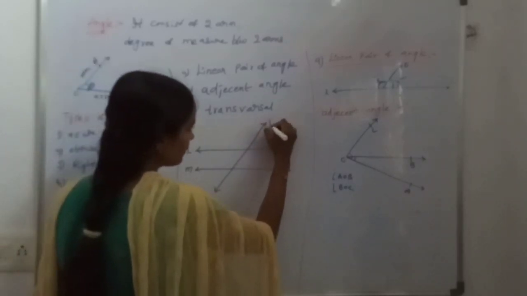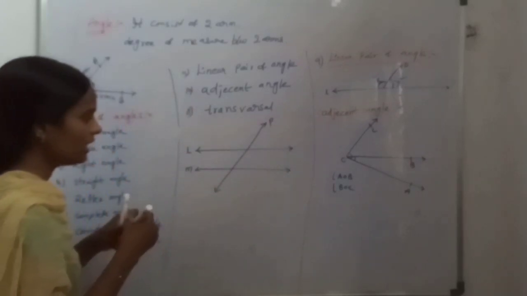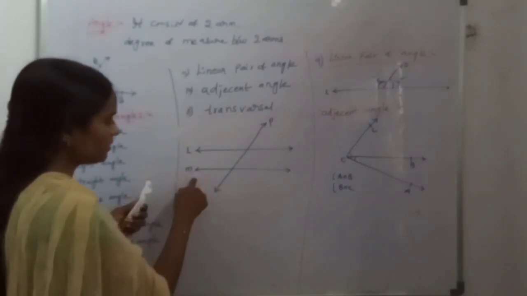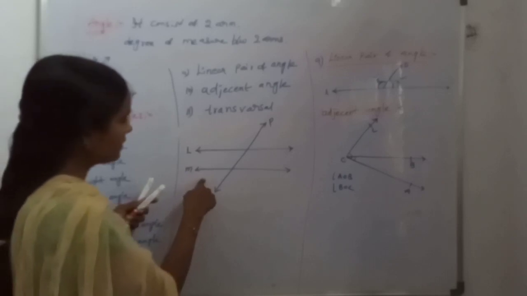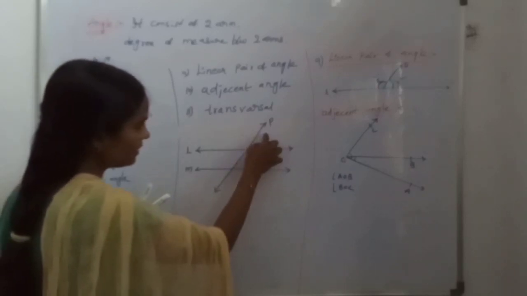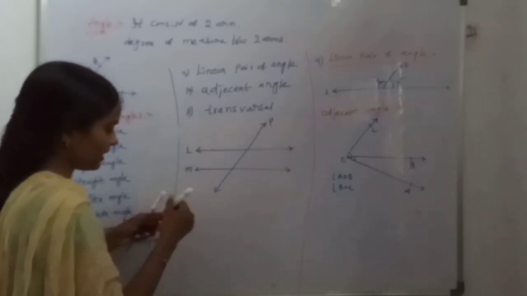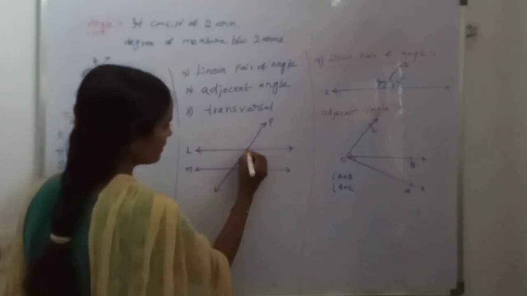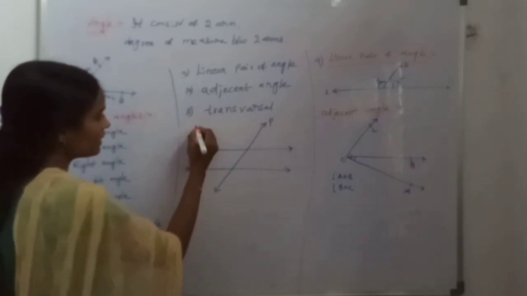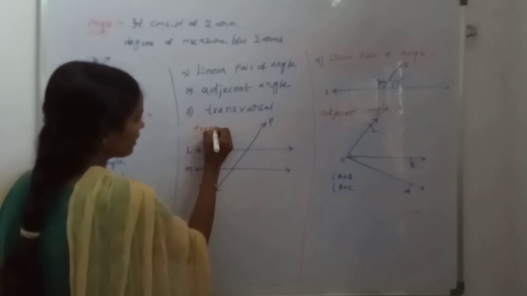This is called P. L and M are lines, and this line intersects them at distinct points. Because it intersects, it is called a transversal.